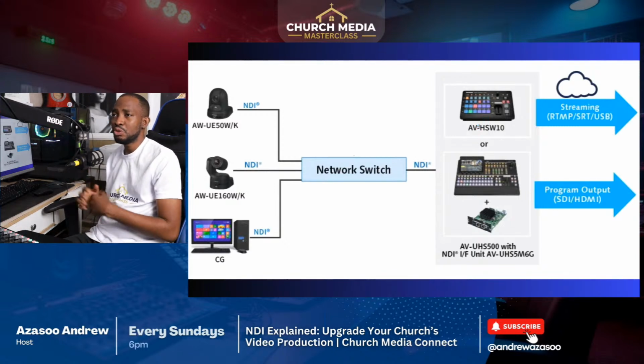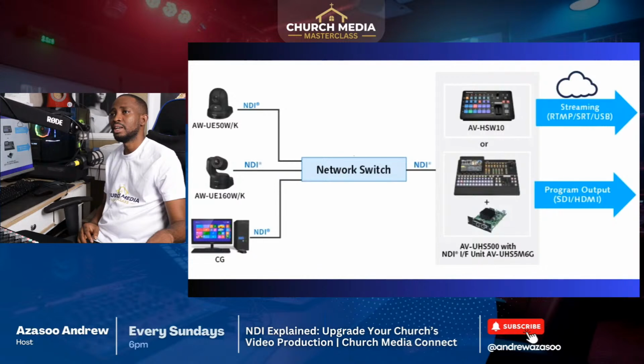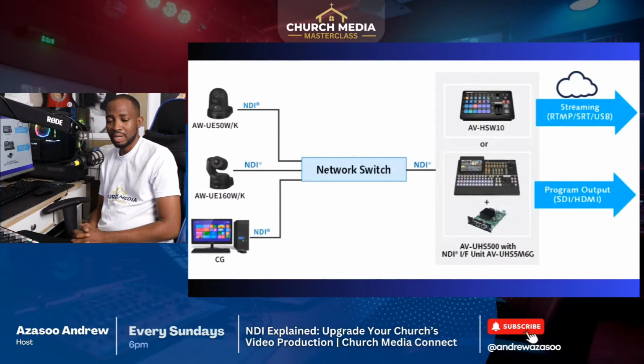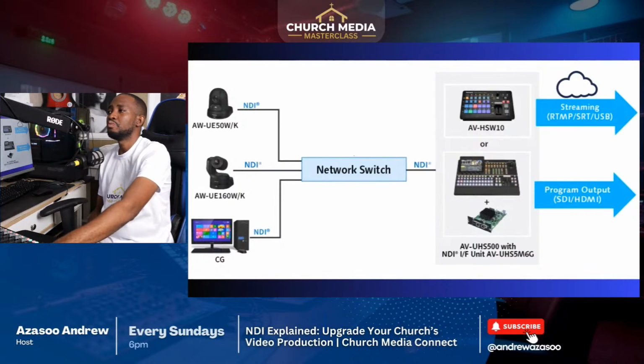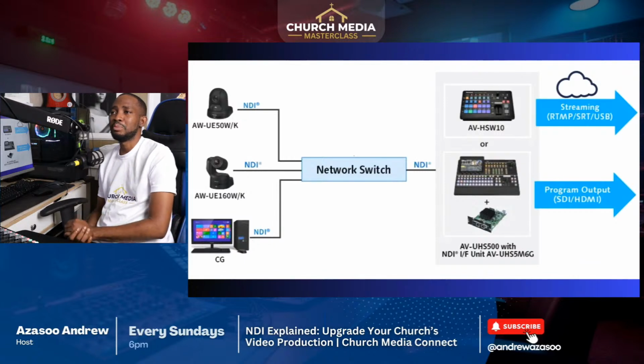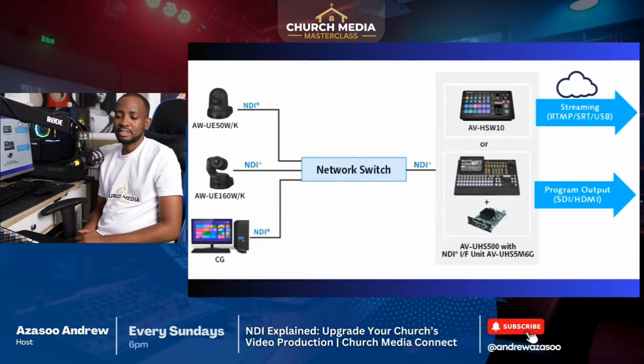Now, I showed this video mixer, the Aja Stream. I've been using the Aja Stream and I've been talking about it. The Aja Stream has an NDI input. So if you want to send a video to that mixer, it's a 4-channel, but the 5th one can be an NDI source that you can add to your production.